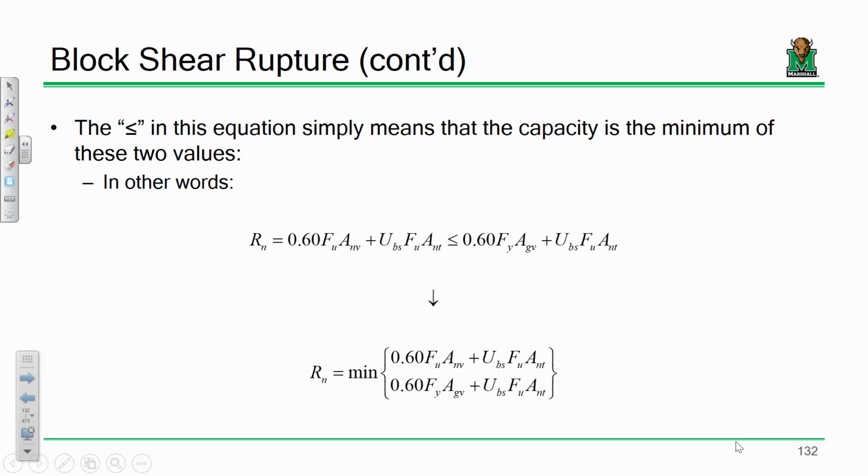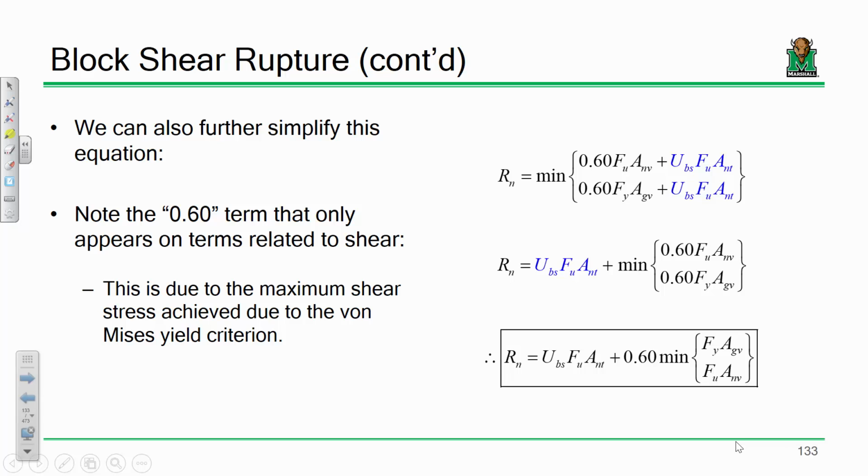Now, if you look at these two rows, you have this plus this, this plus this. The second term is the same. So I can pull that out, and I can also factor out the 0.6. So I can make this a whole lot simpler and easier to deal with. Now I want to look at that box and show you what's going on in it.